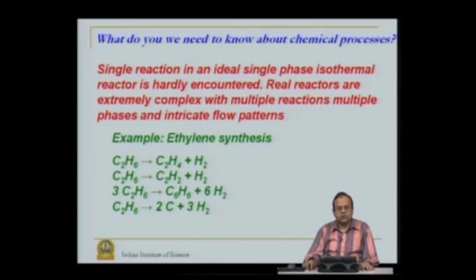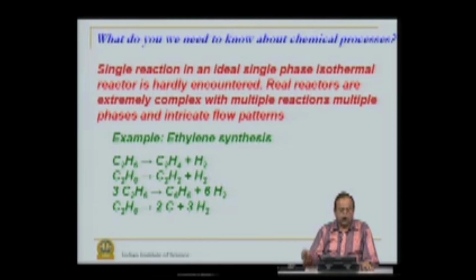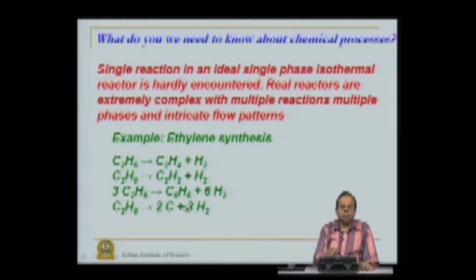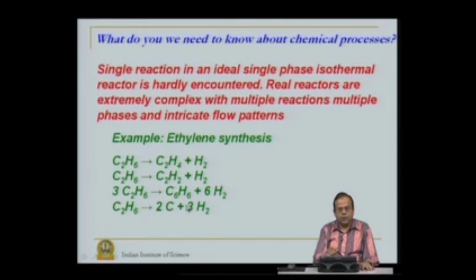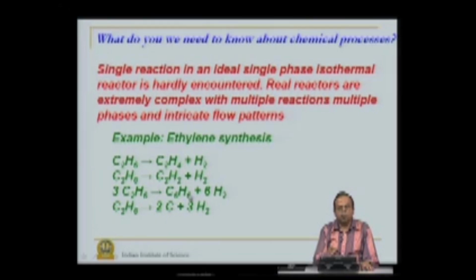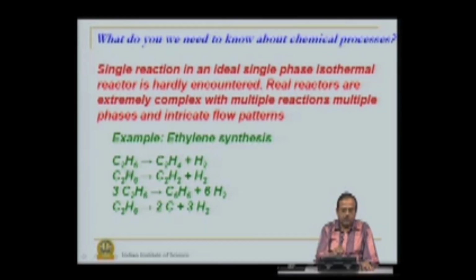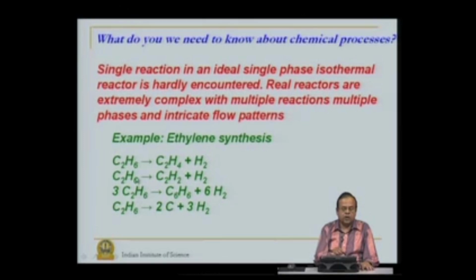So, this is where selectivity comes into the picture, because if you do not, then not only are you wasting your precious resource, namely ethane, in making undesirable products, it may turn out that these undesirable products are toxic, and unfortunately that is the case in many such examples, that it is always undesirable products which cause problems, not the desirable product. Or in other words, we have to ensure that while we promote this first reaction, which is a desired reaction, we make sure that these other reactions do not take place.